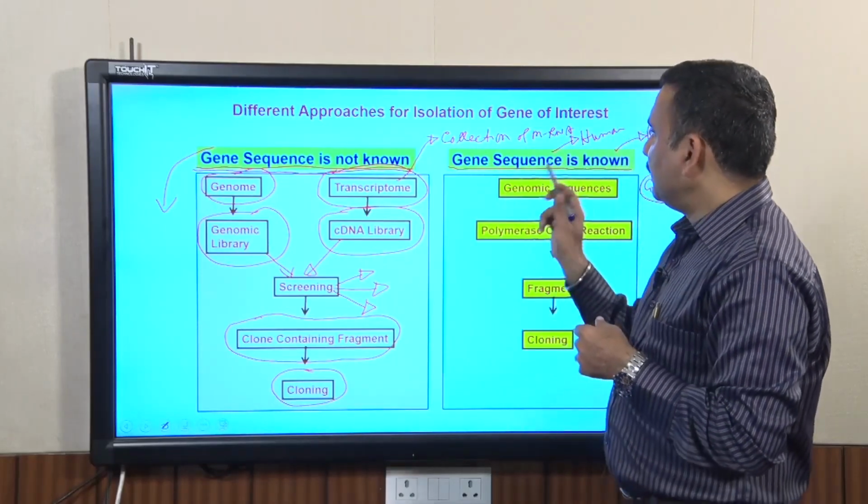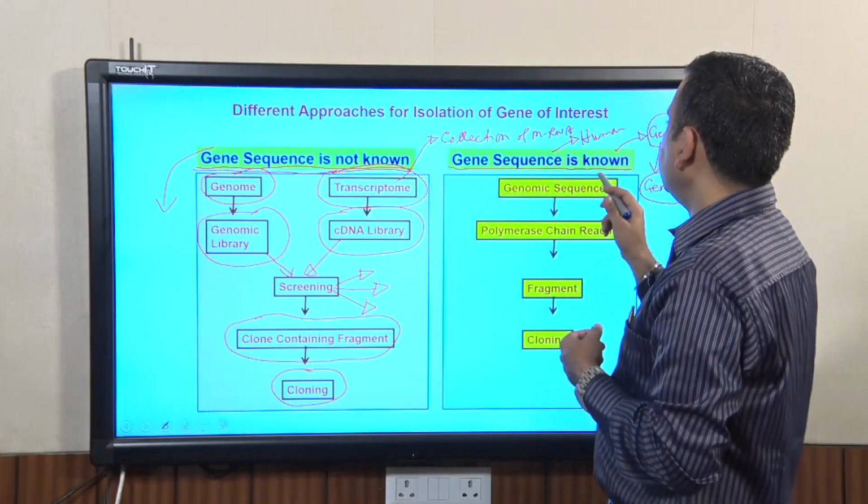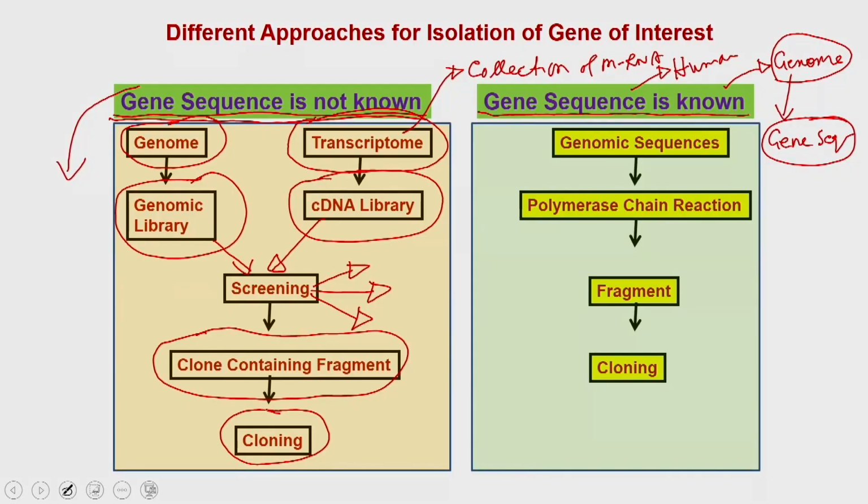And in the other scenario, when the gene sequence is available, which means the genomic sequences are available, you can take that genomic sequence information and perform a polymerase chain reaction with the help of site specific primers, which means you can use the forward primer as well as the reverse primer, along with the reaction mixture and the different types of enzymes we use in polymerase chain reactions.